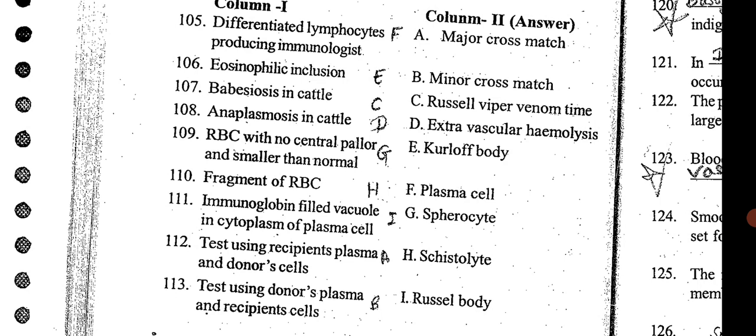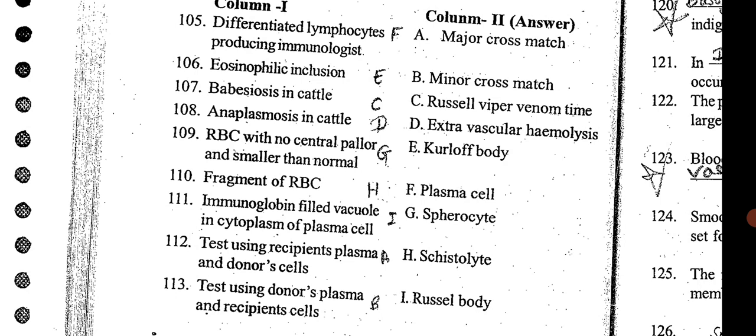So it was also used to stop the bleeding in minor cuts, abrasions etc., as well as injury by a surgical blade or any other sharp object. Russell viper venom was used in the past to clot the blood. So it is linked with babesiosis in cattle.